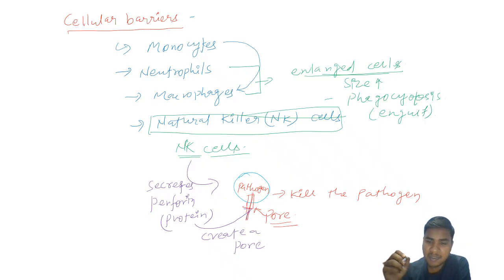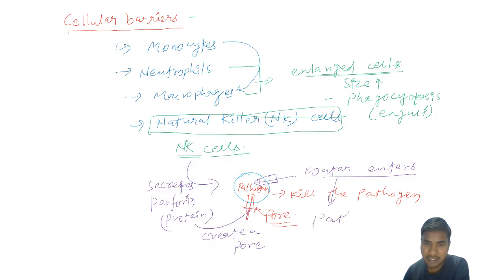We know that whenever a pore is created across the membrane, the membrane becomes permeable for the solvent. So the solvent water enters the cells inside the pathogen, and after the entry of water, the cell will swell up and the pathogen will be lysed. Okay, so this is the mechanism of action for the natural killer cells.